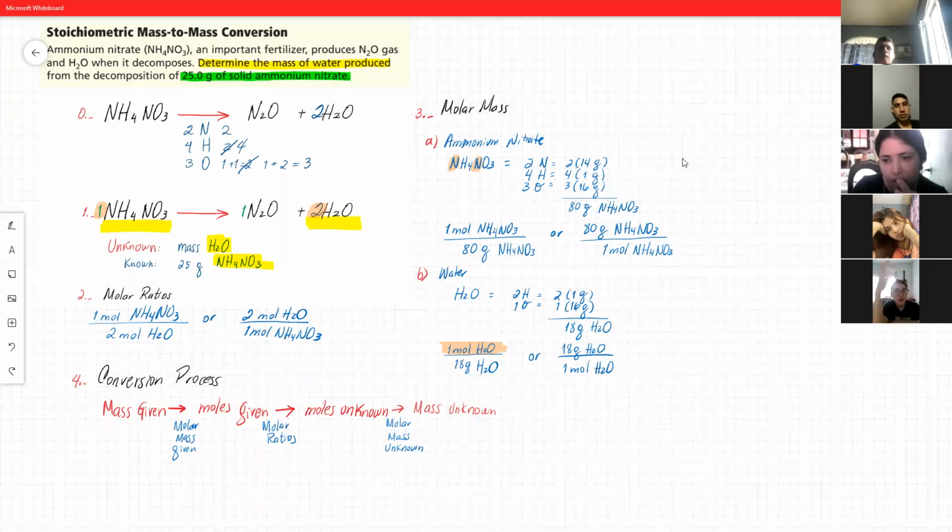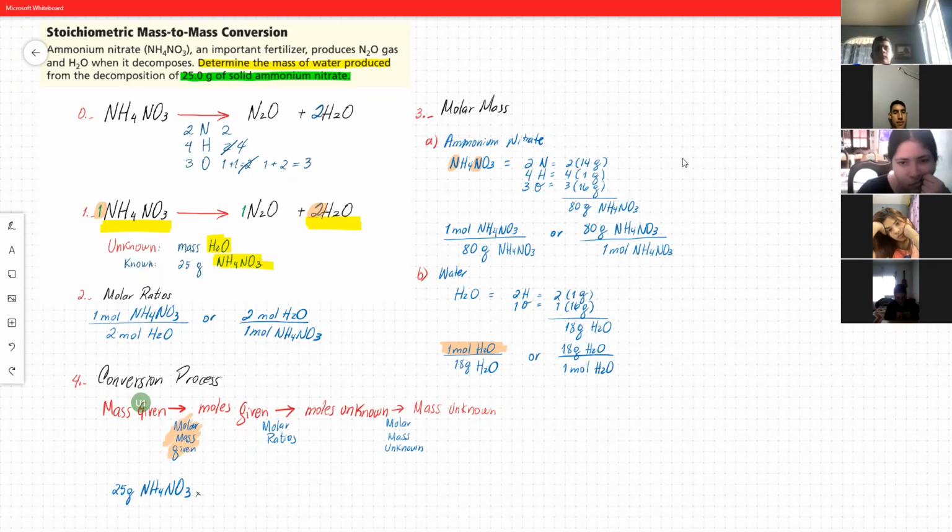Mass given. They're giving me 25 grams of ammonium nitrate, so I'm going to write it over there. Then I'm going to multiply times the molar mass of the given, which is ammonium nitrate.